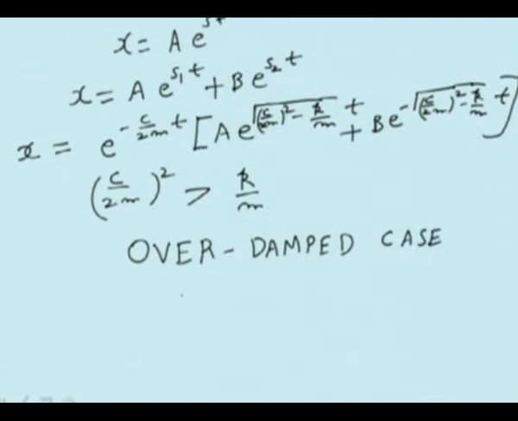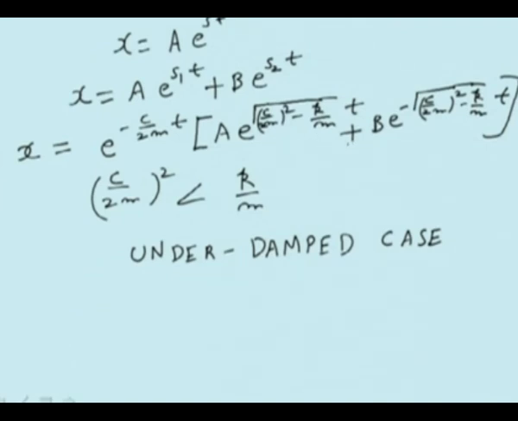When the damping term (c by 2m) square is smaller than k by m, this will be called the under damped case. In this case, the quantity under the root is a negative number, so the square root becomes an imaginary number.